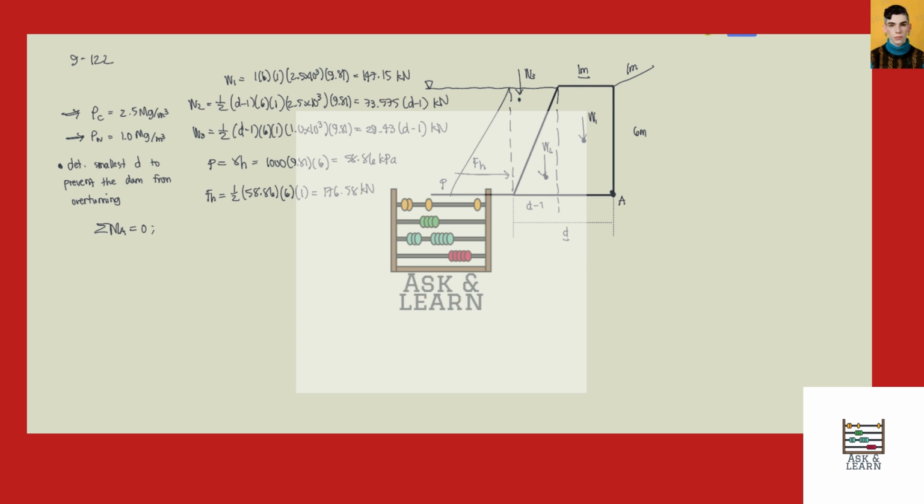So now we can make a summation of moment at point A equal to 0. So our overturning force is F of H, and the forces that counter it are the weight of the water and the weight of the dam.